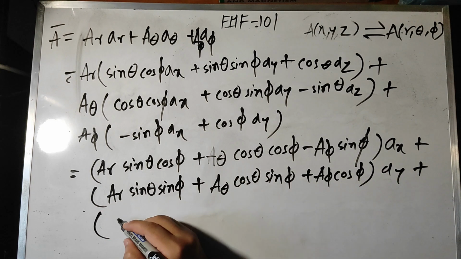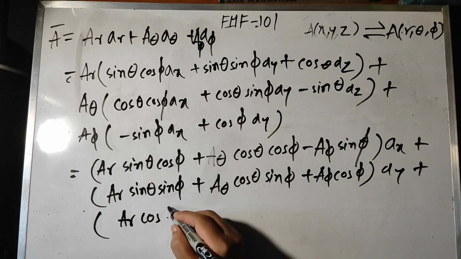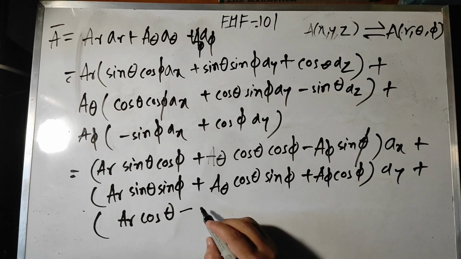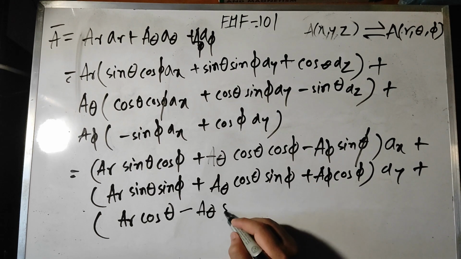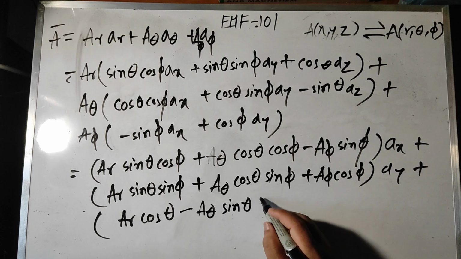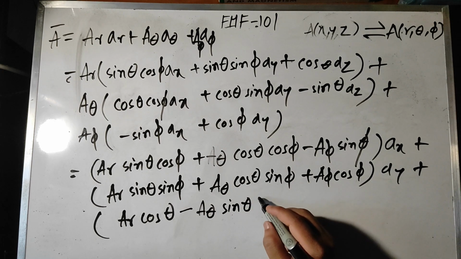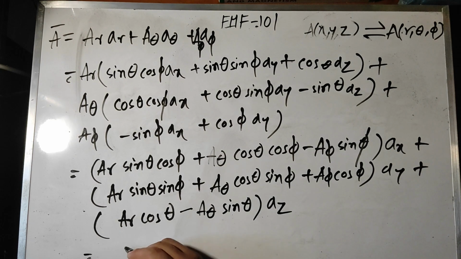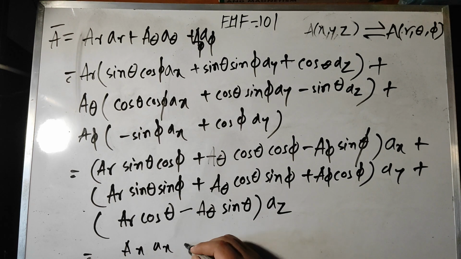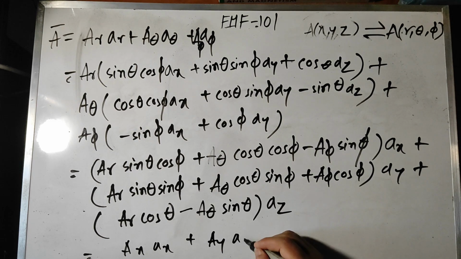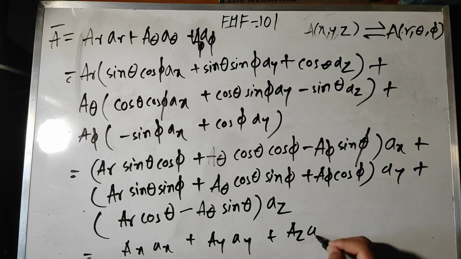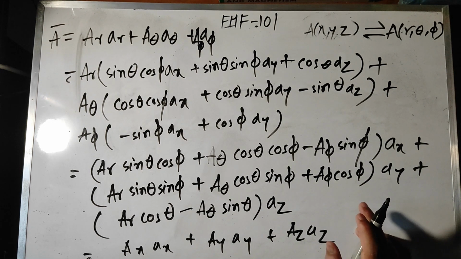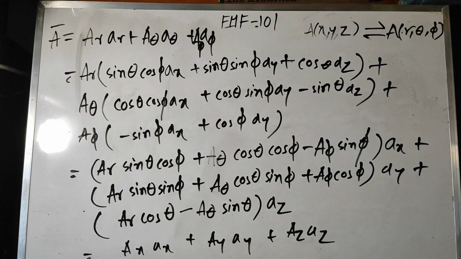Now for az, Ar cos theta minus A theta sin theta. A phi doesn't have any component because they are perpendicular. Ax plus Ay plus Az in the direction az. This is the transformation of the vector from spherical to Cartesian.